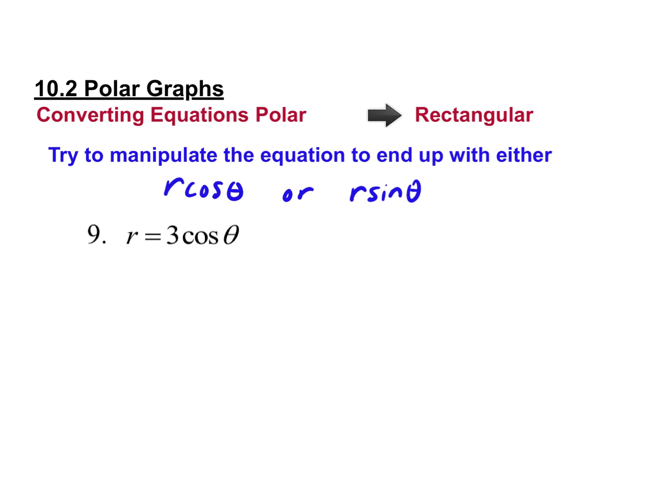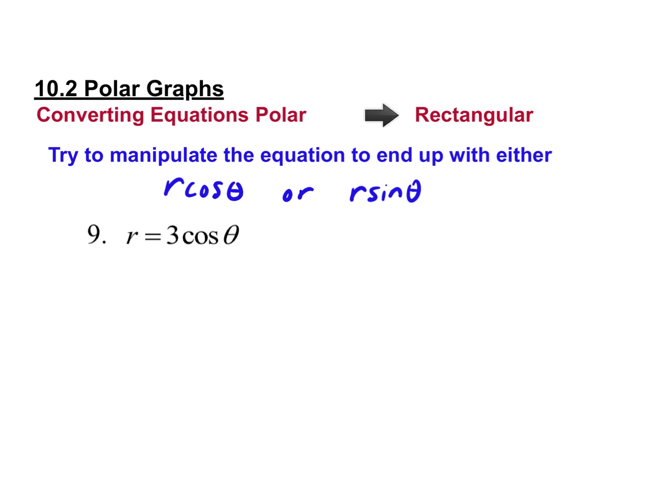End up with an r cosine theta. Since this doesn't have an r, what I need is an r here. But I have a 3. Can you just flip them and make this a 3, make that an r? Is that okay? Why not? Yeah, so it'd be 1 over r and 1 over 3 is not a big deal, but then it'd be 1 over r, not r.